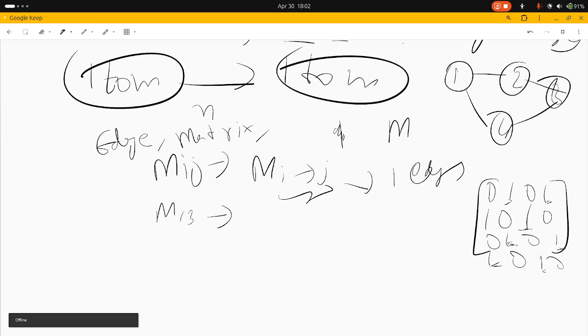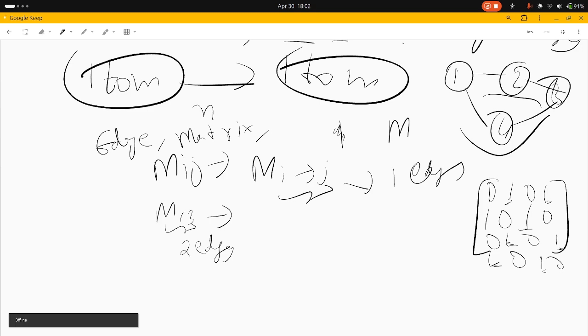So let me assume that I need the entry from 1 to 3 with exactly two edge route. Like it should traverse the two edges and reach 3. From the given example, we can directly find that 1 2 3 is a route, 1 4 3 is a route. But we need a solid computation. So for this computation, we just have to multiply this one.